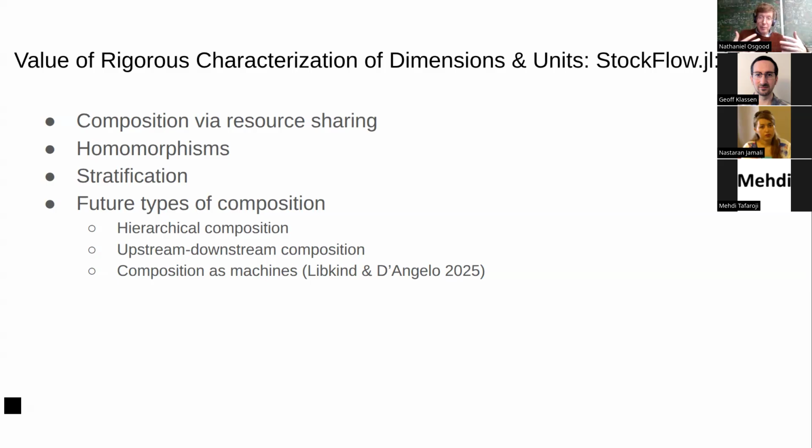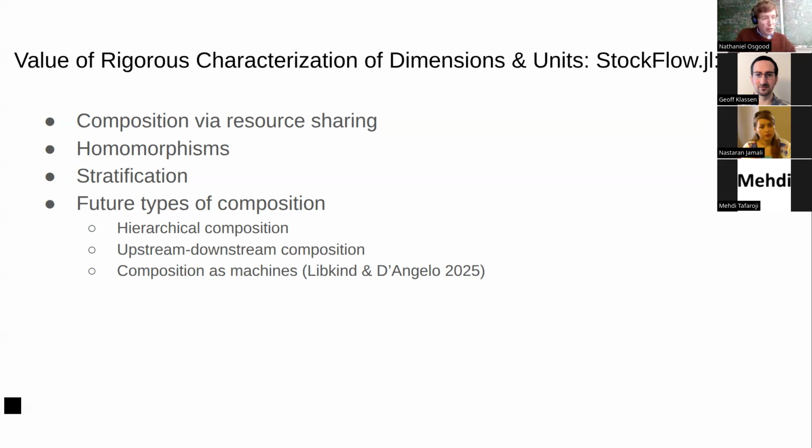And by taking advantage of it, we can be a lot more intelligent in terms of zeroing in on the right homomorphisms we're interested in, zeroing in on the stratifications that we want, right? Being a lot more intelligent at suggesting formulas and stock and flow diagrams that are meaningful, right?